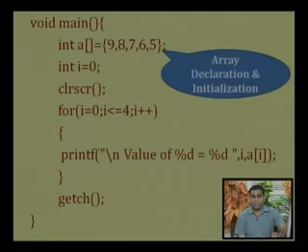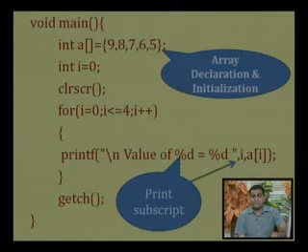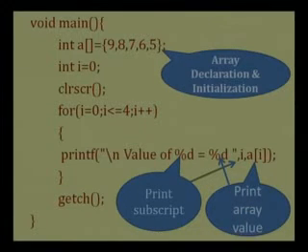So that is my first printf. What will we print? Value of %d. The first %d will print the subscript, that is 0, 1, 2 and 3, the index. The second thing, equal to %d, a[i], will print the array value.